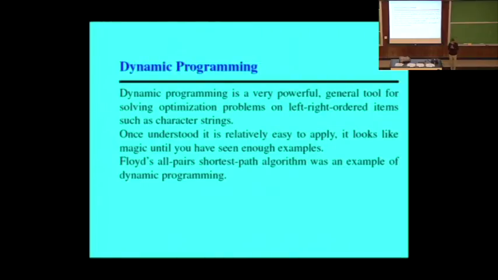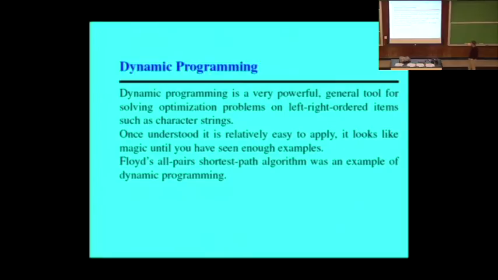Okay. So what I'd like to do now is to shift gear to another topic that is one of my favorite ways of designing algorithms, which is a trick called, a paradigm. I guess paradigm's a fancier word for trick, that called dynamic programming.